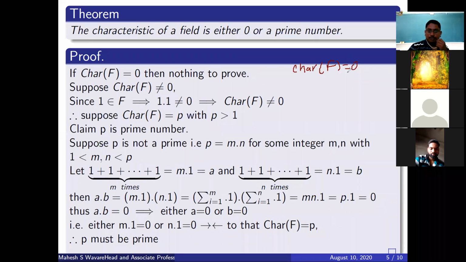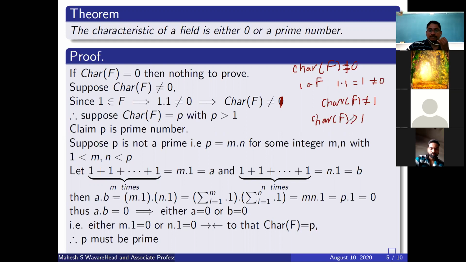But if it is non-zero, and as F is a field, 1 must be there. Carefully, 1 times 1 is always 1. It will never be 0. So what it means is that the characteristic of F is not equal to 1. Means the characteristic of a field is always greater than 1, because 1 times 1 is never 0.